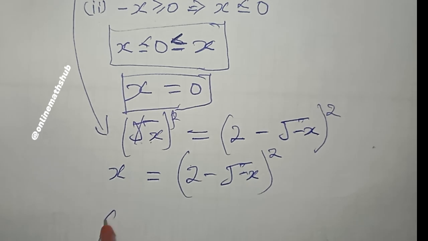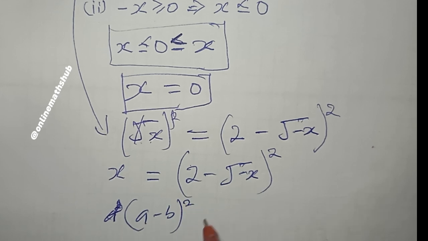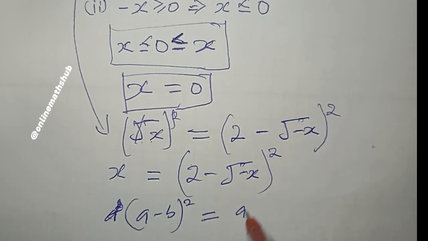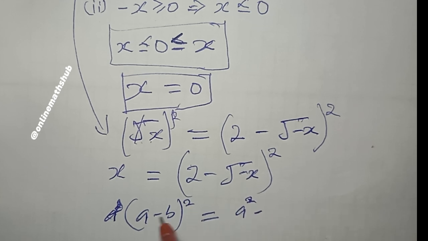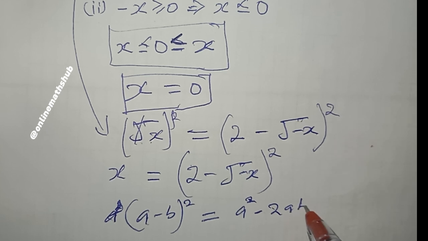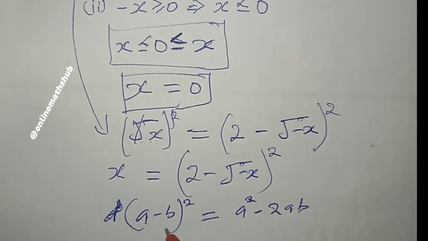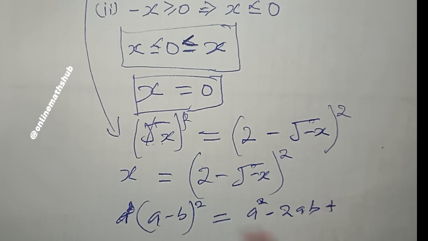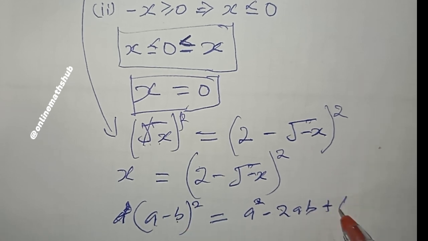And of course don't forget this expression: if you have a minus b all squared, this is going to give you a squared, and then minus 2 times a times b, and then plus b squared.